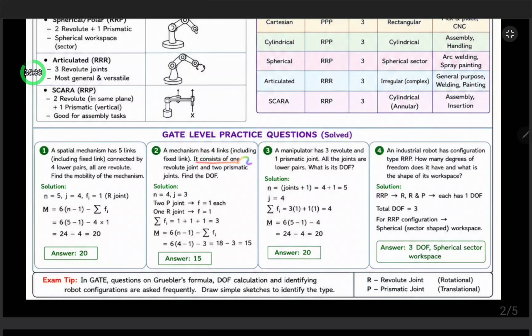Next, a mechanism has 4 links including the fixed link. It consists of 1 revolute joint and 2 prismatic joints. Find the DOF. So the solution is here n equal to 4, j equal to 3. Okay, 2 P joints are there, so f equal to 1 each.